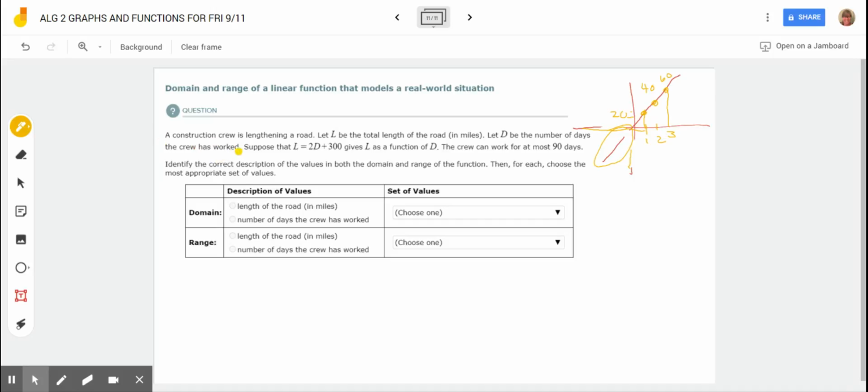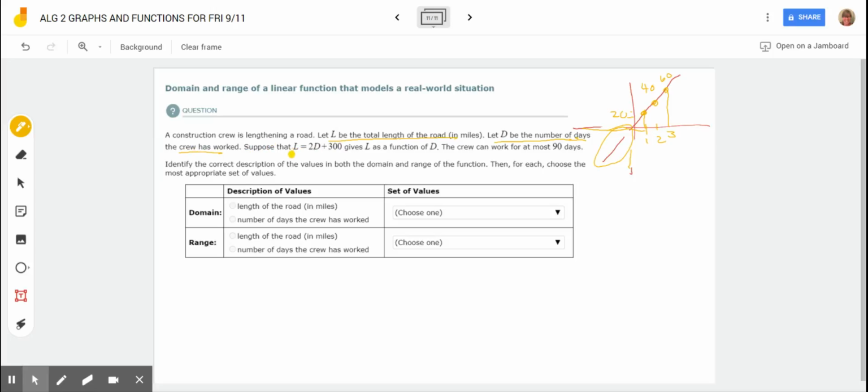A construction crew is lengthening a road. Let L be the total length of the road in miles, and let D be the number of days the crew has worked. Do you see how the length is dependent on the days, not the days on the length?